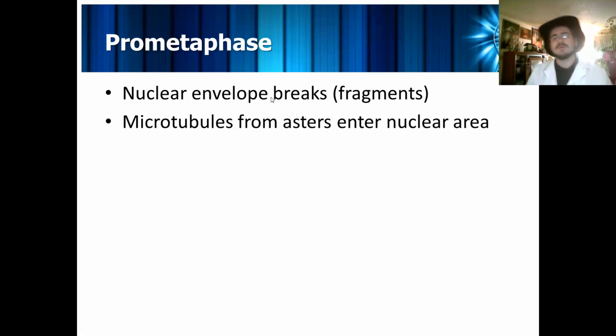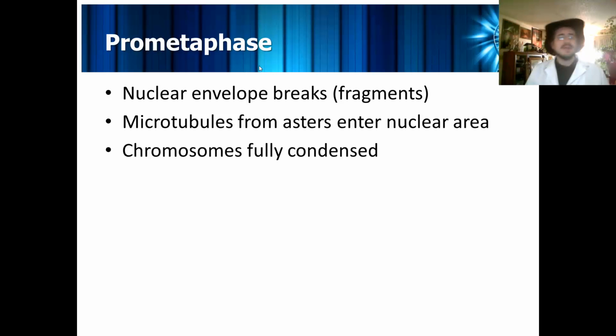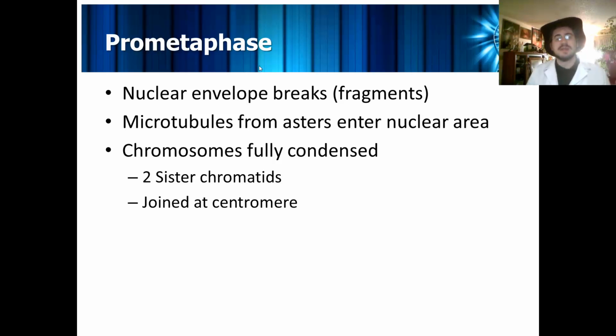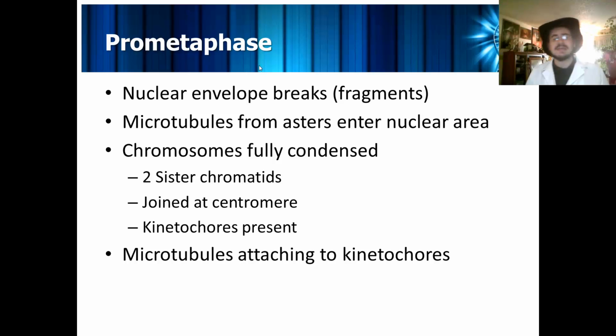The microtubules from the asters enter the nuclear area. The chromosomes are now fully condensed. They are two sister chromatids joined at the centromere, and they have kinetochores present, which is good because those microtubules are now binding to the kinetochores.